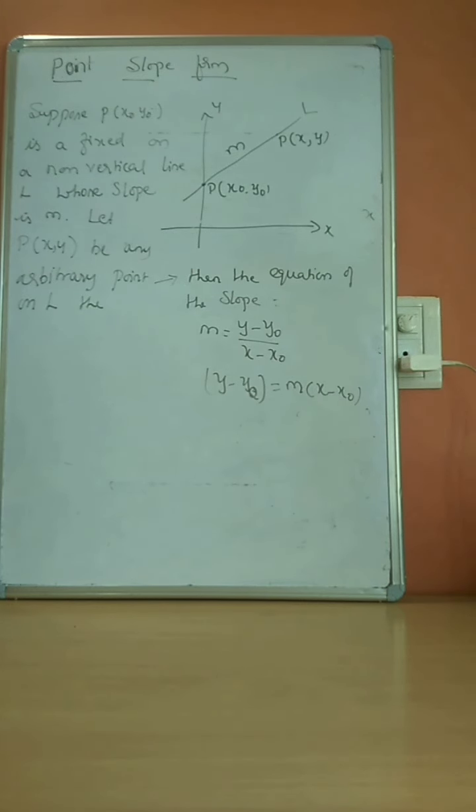Simplification, taking cross multiply, y minus y naught must be equal to m into x minus x naught.